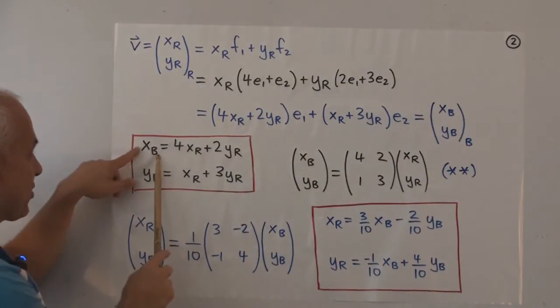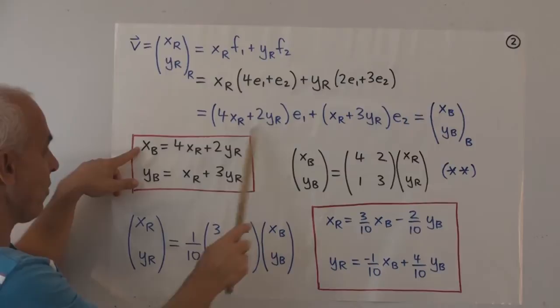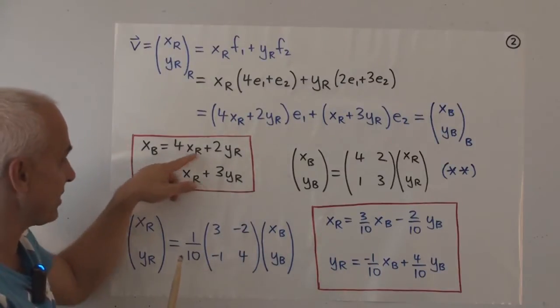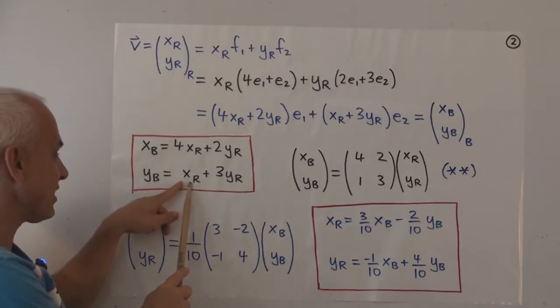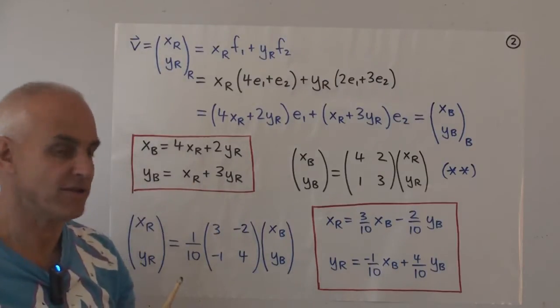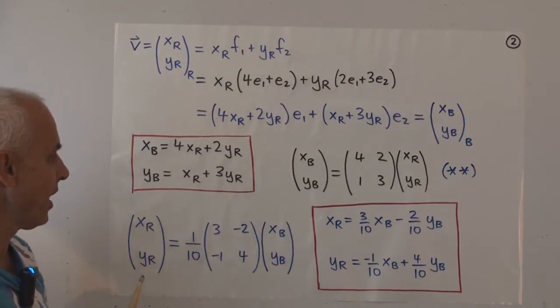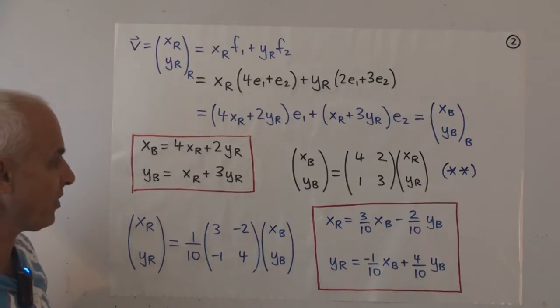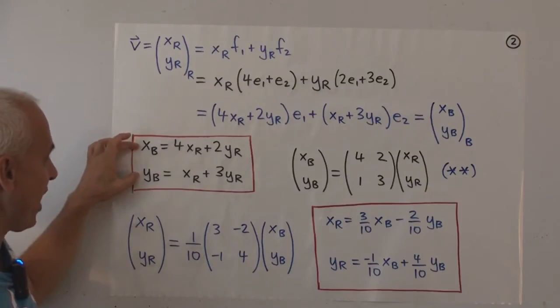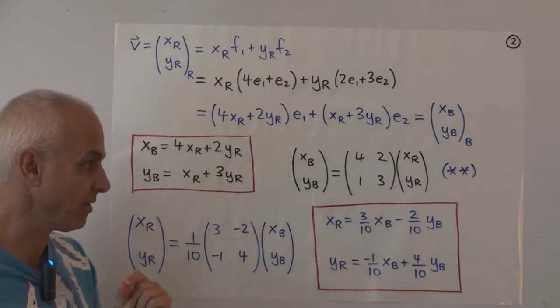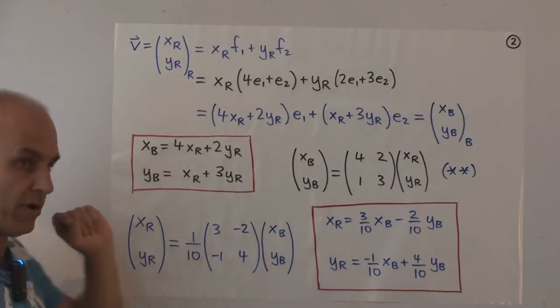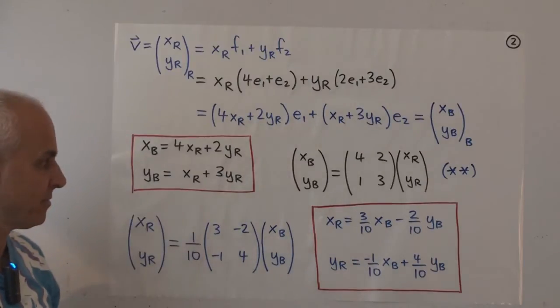And we see that Bob's x-coordinate is 4xr plus 2yr in terms of Rachel's x and y coordinates. And Bob's y-coordinate is x sub r plus 3y sub r. So this is the relation that we were after. This is the relation that tells us how to go from Rachel's coordinates for a given vector to Bob's coordinates for that same vector.